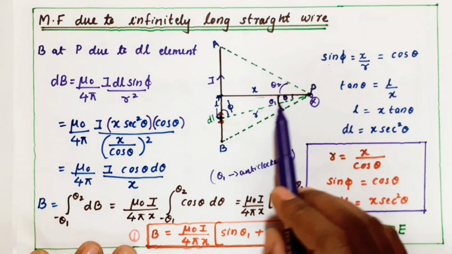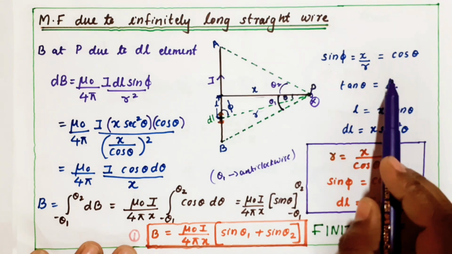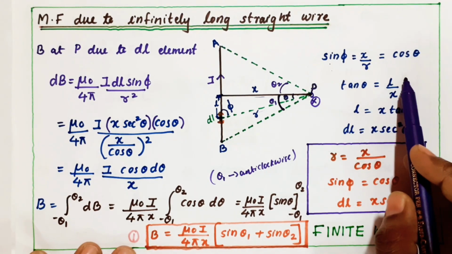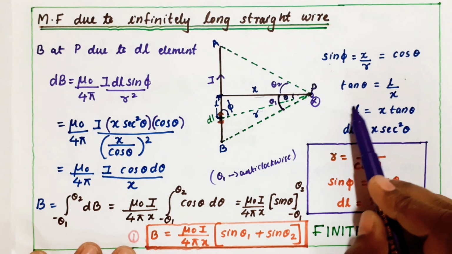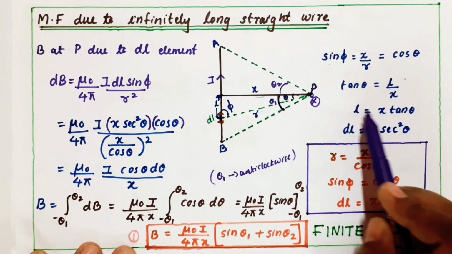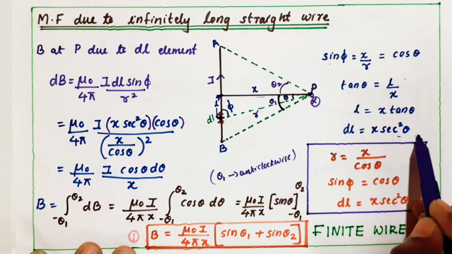Next I calculate tan theta, which is opposite side by adjacent side, that is L by x. So L equals x tan theta. If you want dl, I differentiate, and dl is equal to x sec square theta.